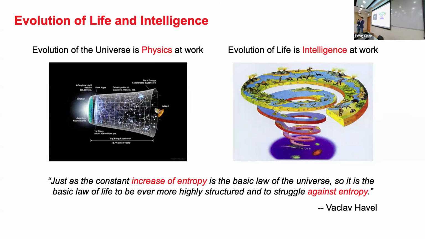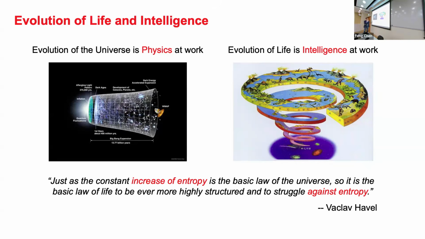But another problem is about how life begins. 生命在干什么？那么简单来讲，right? Universe is physics at work。那么生命 is actually intelligence at work。现在我们的理解。因为这句话实际上很有趣，虽然哈维尔是一个政治学家，但是他讲的这话很对。The constant increase of entropy is the basic law of the universe.